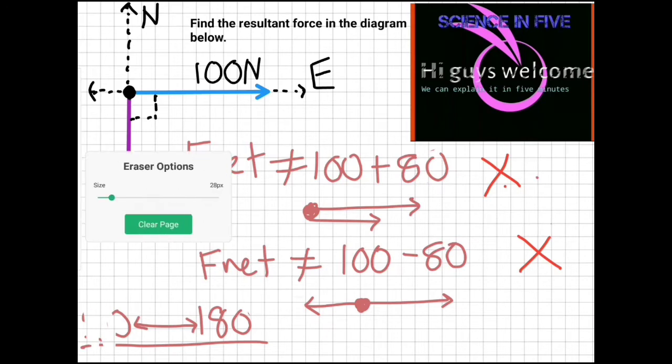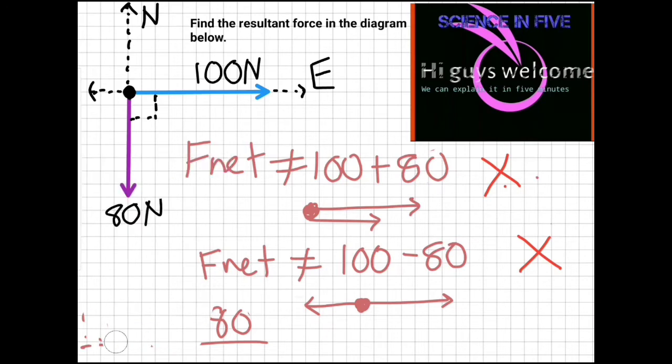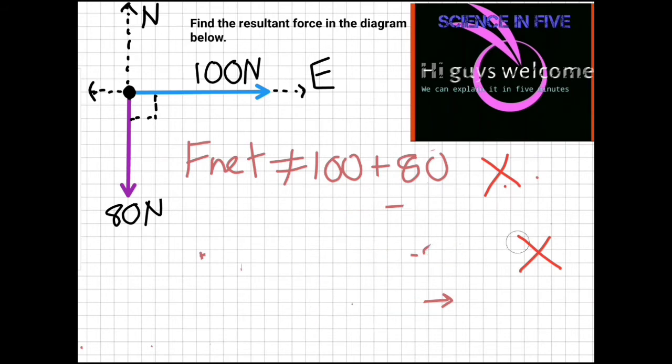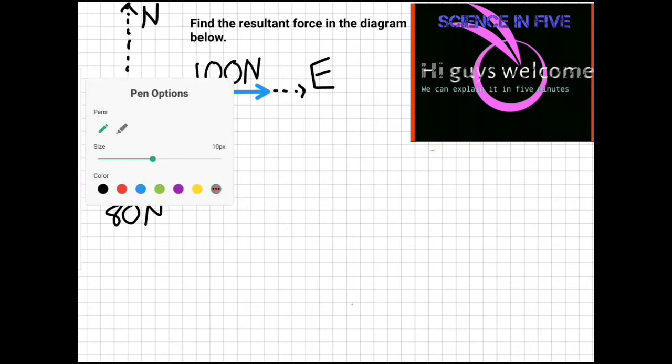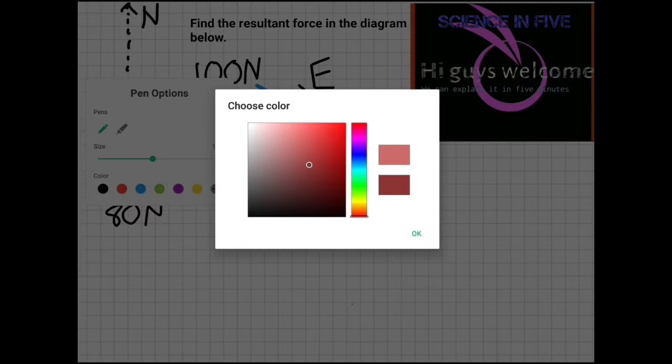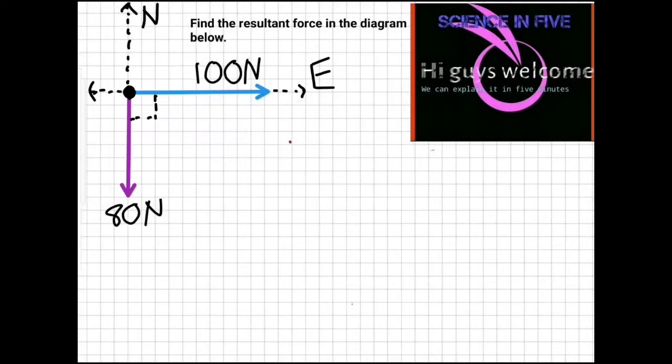So what is the method we can use to solve this problem? Well, we can use the theorem of Pythagoras and the trig ratio, or we can just call it the top and trig method. Okay. But before we use the top and trig method, we just need to draw in the resultant force so that we know what the resultant force is going to be.